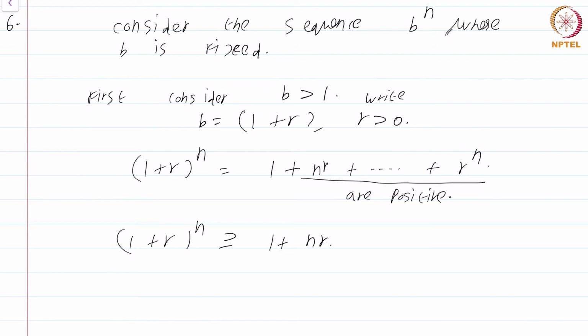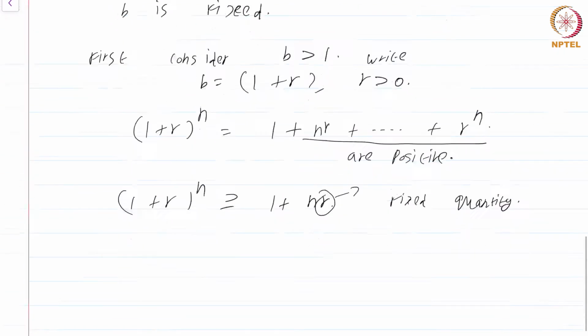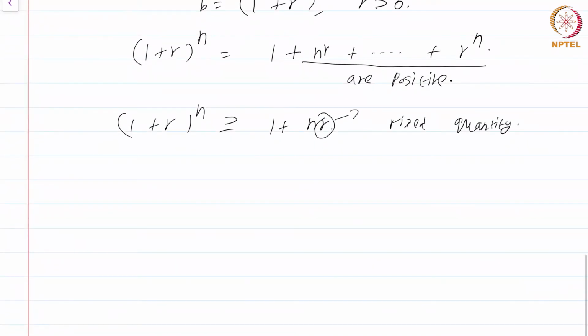But now r is a fixed quantity. That means when I multiply n with r, we see that nr diverges to infinity. Please recall the definition of what diverges to infinity means. Diverges to plus infinity, to be ultra precise.